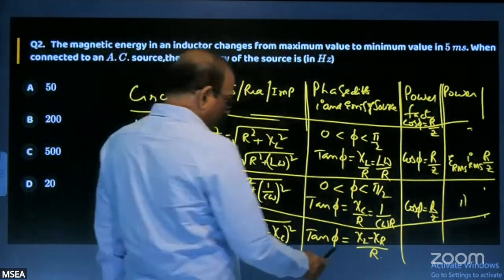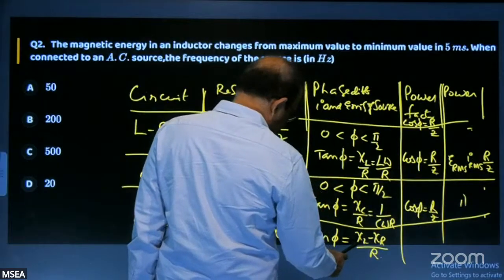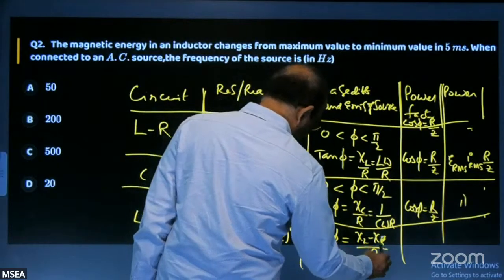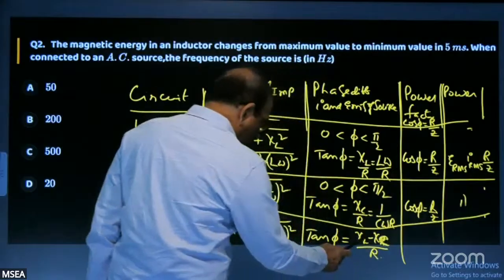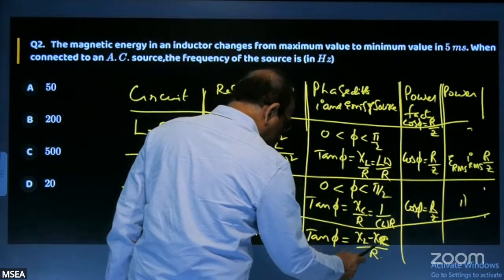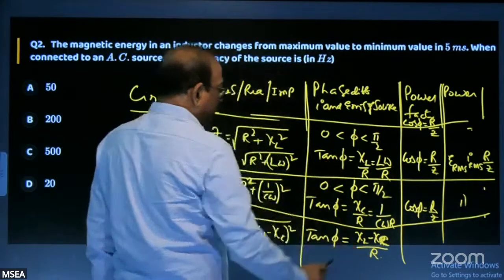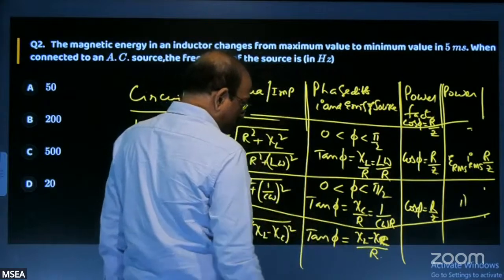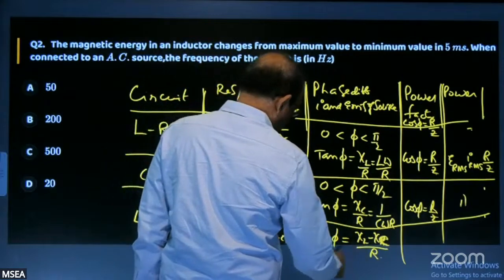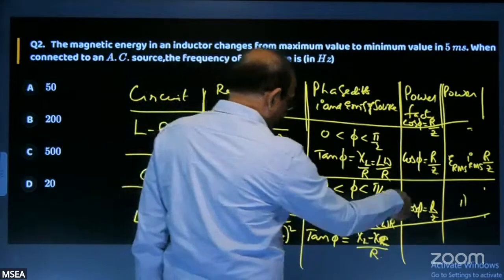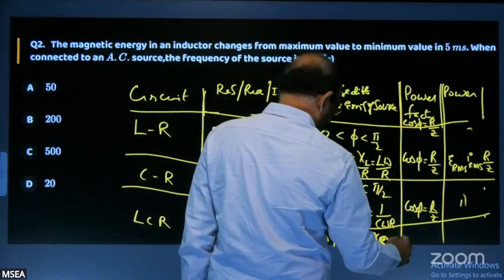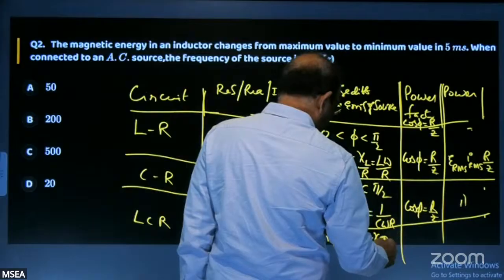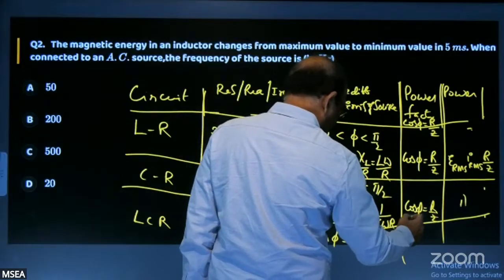When the circuit is in resonance, this inductive reactance minus capacitive reactance will be equal to resistance R only. In the resonance condition, equal to R, then you will get a different relation there. Not equal to R, later we see that.